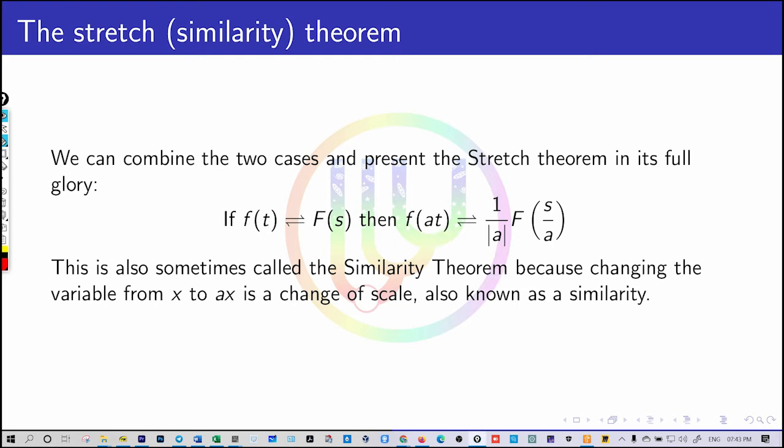Okay, so we can generalize the result: the Fourier transform of f of a t is equal to 1 by mod a f of s by a. So this is the stretching theorem.